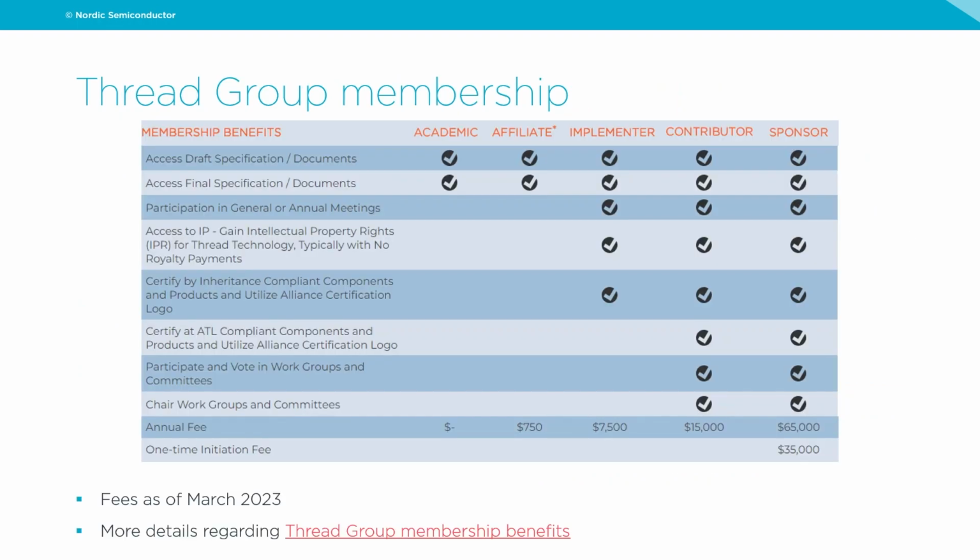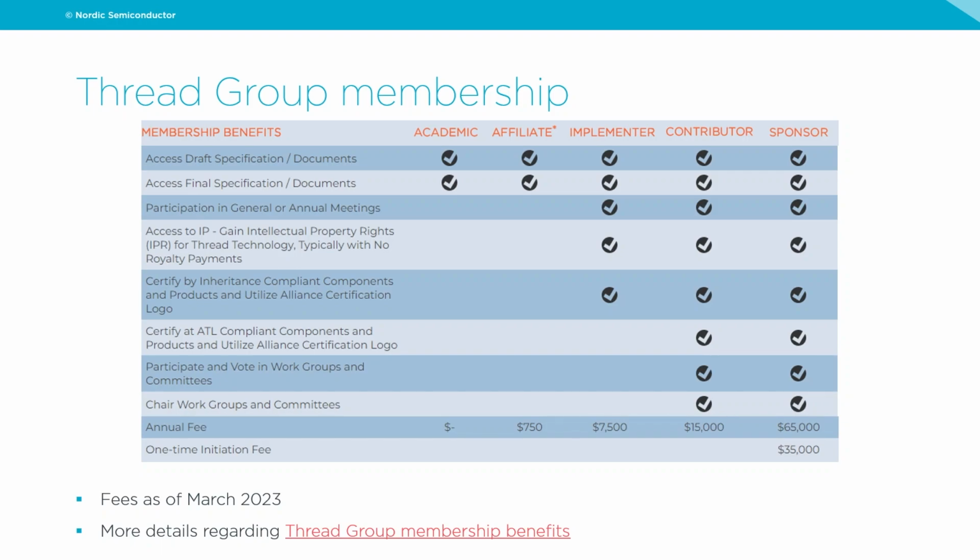Thread Group offers five levels of membership: academic, affiliate, implementer, contributor, and sponsor. The contributor and sponsor levels allow the greatest impact on the Thread technology. Only members of those levels can participate and vote in work groups and committees to influence emerging specifications.